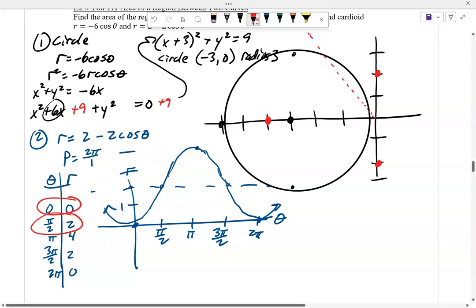If I plugged in 2 pi thirds, you'd end up with 3 there. So you go out 1, 2, 3, so you end up right there.